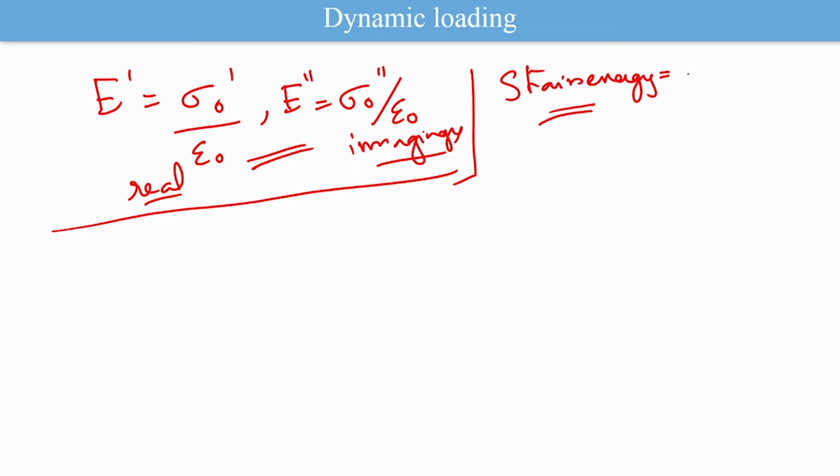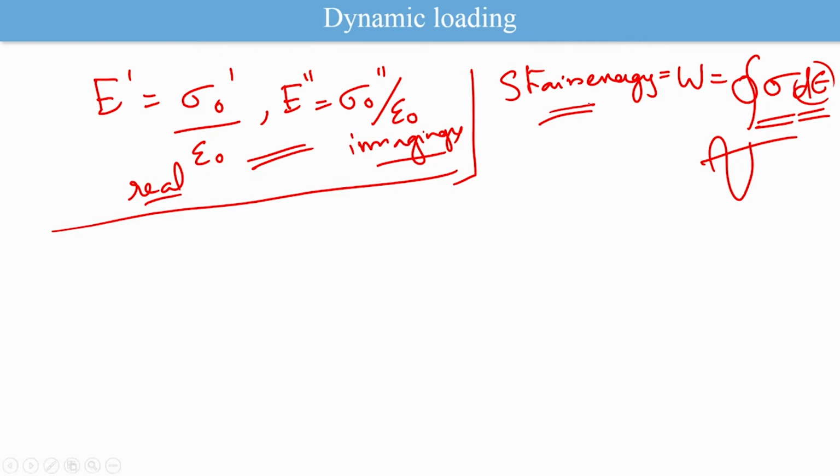And this strain energy, say W, can be represented by the integral of the stress generated in the material with respect to the strain that we apply. So, when we take the integral of sigma d epsilon for the entire cycle of dynamic loading, we will know the strain energy stored in the material during the cycle.